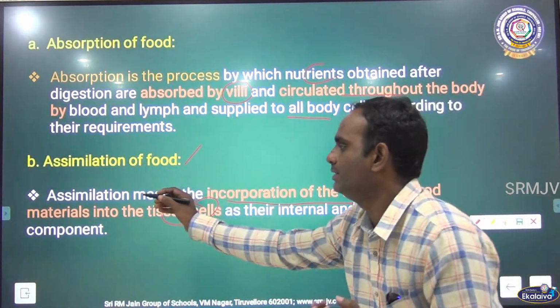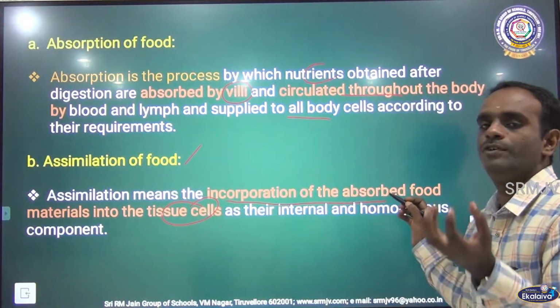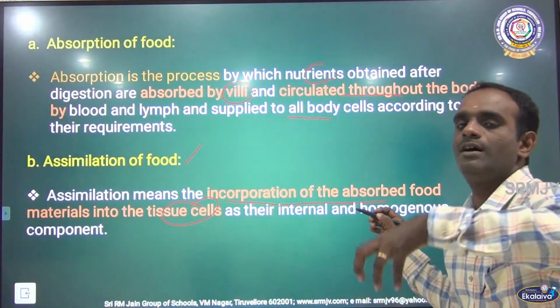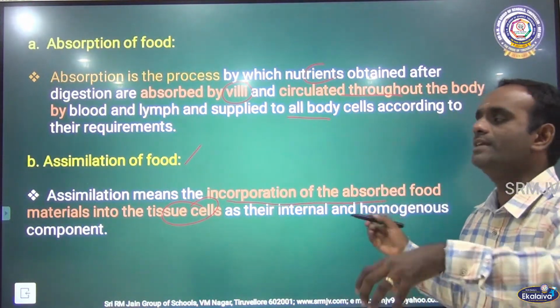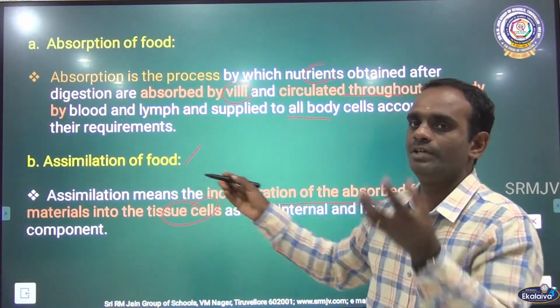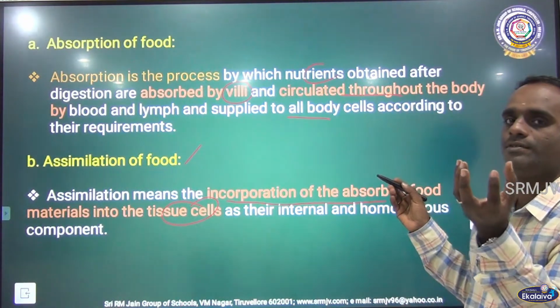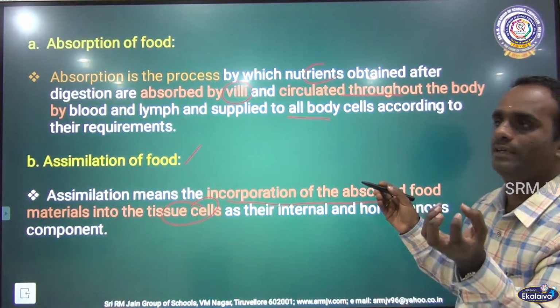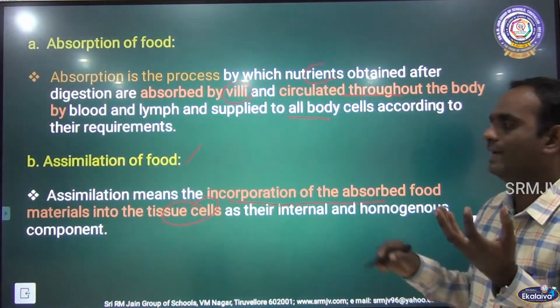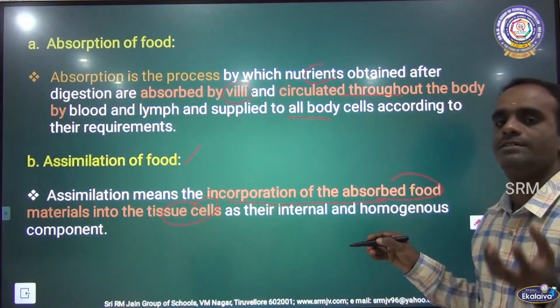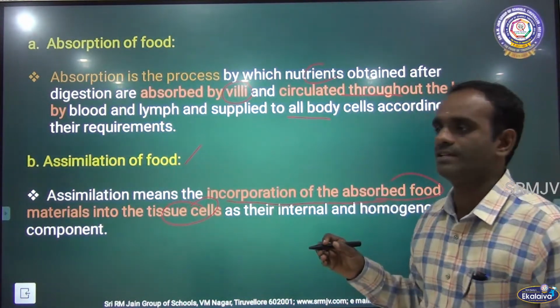So the incorporation of the absorbed food materials into the cells, tissues or organs is called assimilation. So intake of nutrients by the blood is called absorption. Incorporation of absorbed food materials into the tissue is called assimilation. Clear?